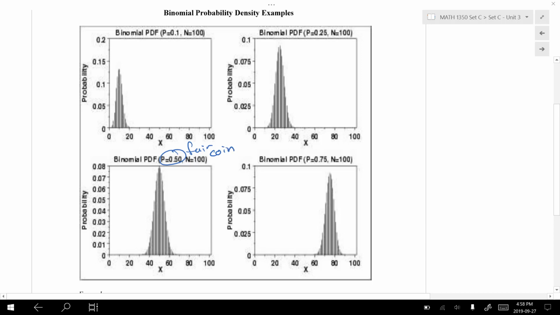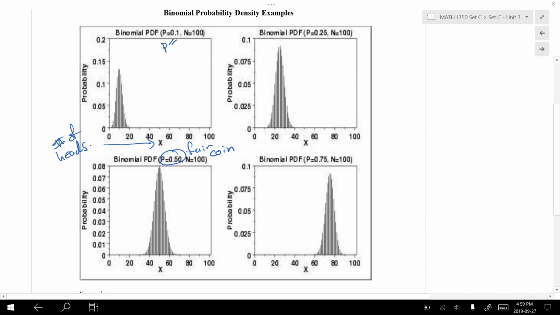Whereas this coin over here has little p equal to 0.1. This is a very unfair coin. We're doing each of these experiments 100 times, and this x-axis here is the number of heads that come up in 100 trials, and the distribution shows how likely each number of heads is.